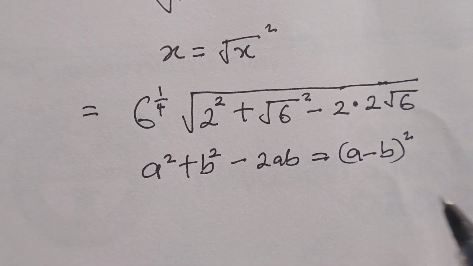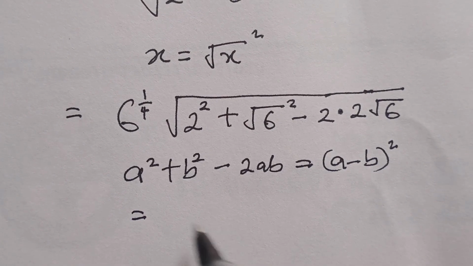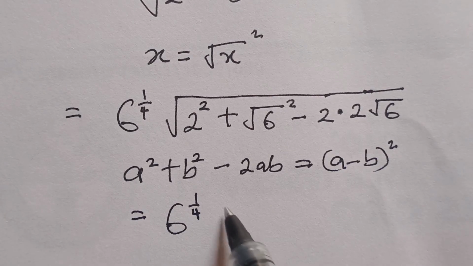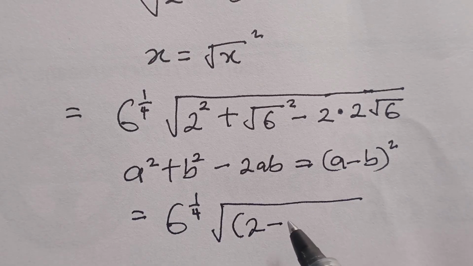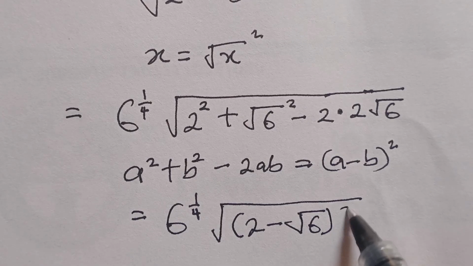That is, if you expand a minus b, everything squared, it will give you a squared plus b squared minus 2ab. So therefore, we have 6 raised to 1 over 4, square root of, into bracket 2 minus square root of 6, squared.